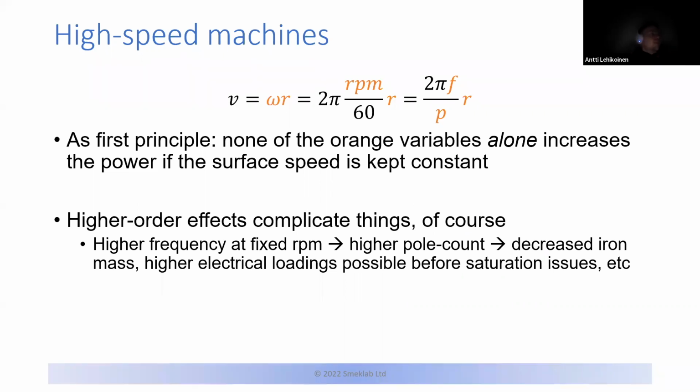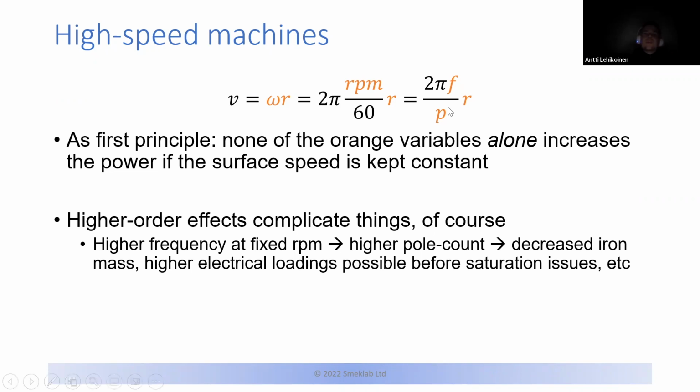If you keep the surface speed constant and change two of them, for instance, you increase the diameter of the machine and reduce the RPM, nothing happens as a first principle again, if you keep all other factors constant. There are of course other effects and higher order effects.